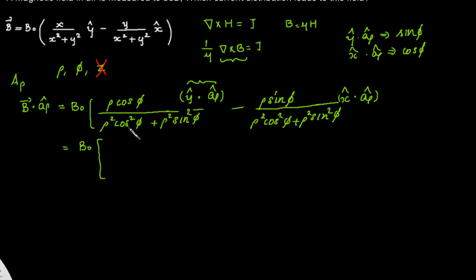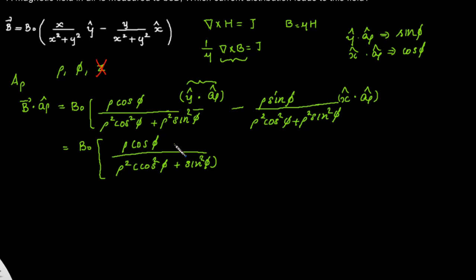Before that we can reduce it a little bit. We have rho cos phi by rho square into cos square phi plus sin square phi.